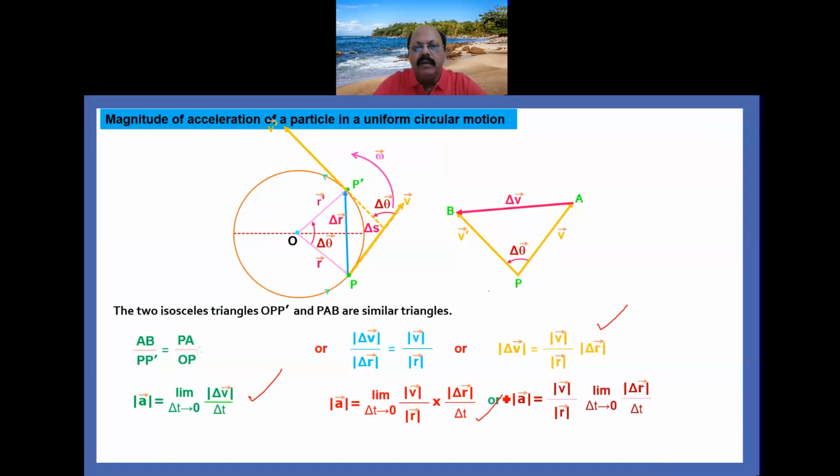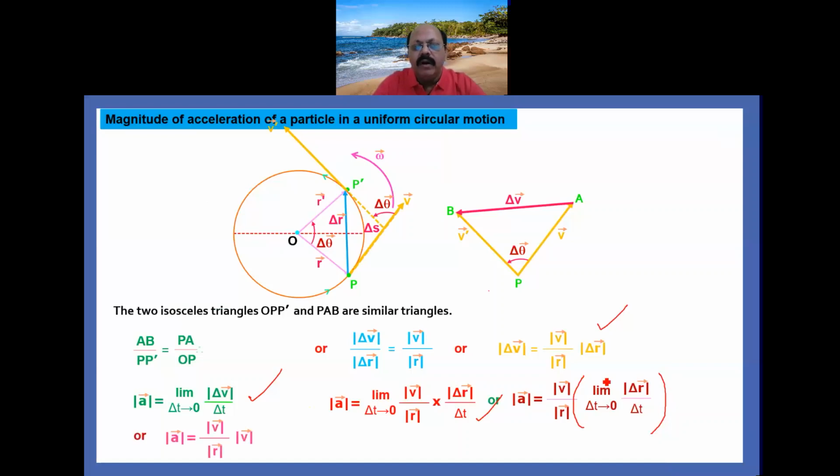Now V upon R you take outside, and write limit delta t tends to 0 mod of delta R upon delta t, and this becomes the linear velocity, that is mod of V vector.